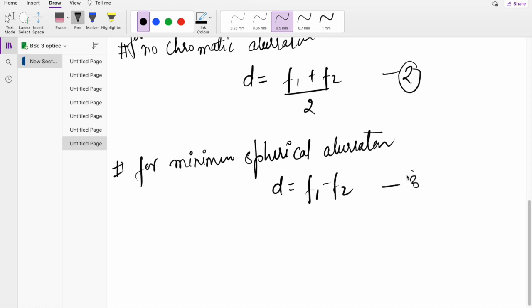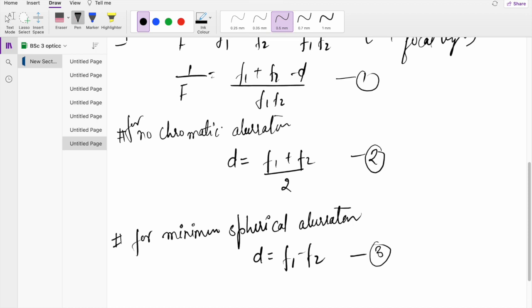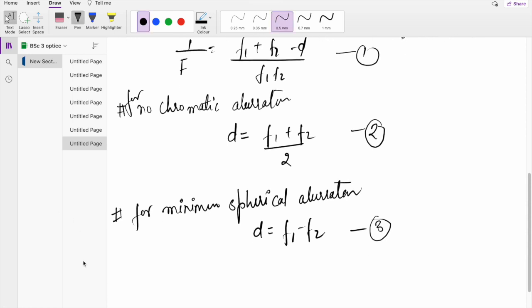Say equation number 3. So we have three equations. Equivalent focal length: 1 upon F is f1 plus f2 minus d upon f1 f2. For no chromatic aberration, d equals f1 plus f2 upon 2. For minimum spherical aberration, d equals f1 minus f2. Now from equations 2 and 3.